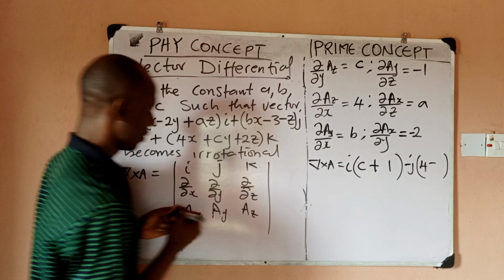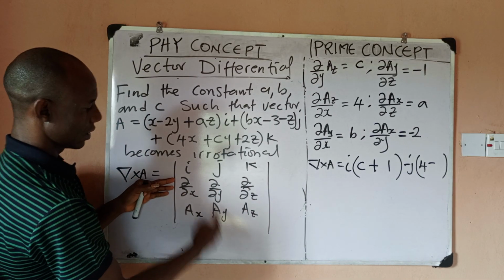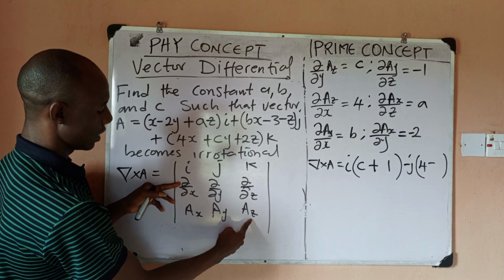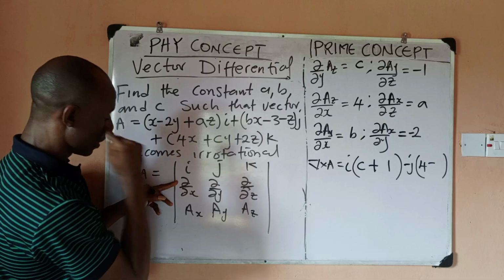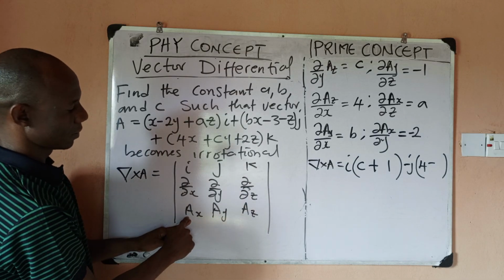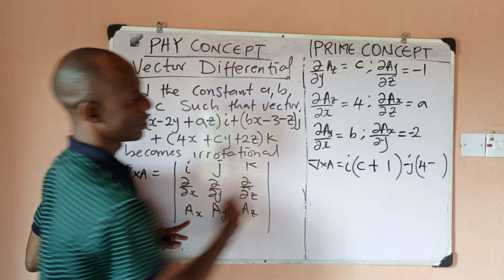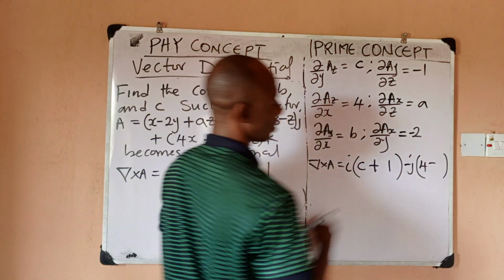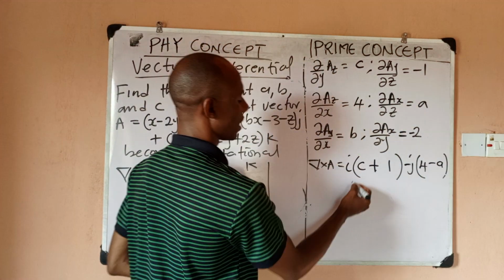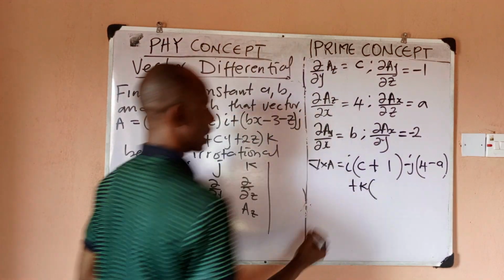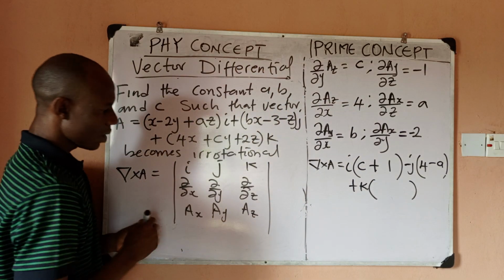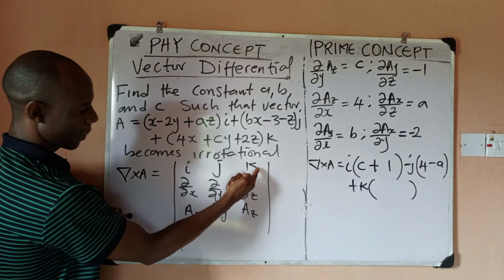Then minus, remember I'm closing this and I'm closing this. So this is Az with respect to x. Then I'll have this, which is Ax with respect to z, which is a. So I have a. Then finally I have plus k. I'll close again. This is k and this is this.